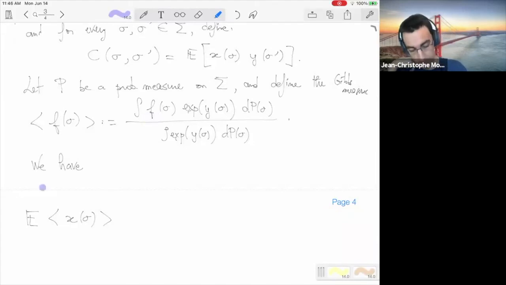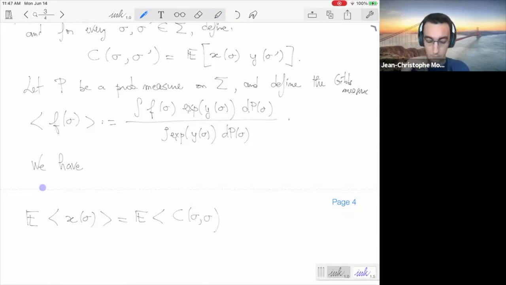And the claim is that this expectation is equal to the covariance between sigma and sigma itself minus the covariance between sigma and sigma prime, an independent copy of sigma.